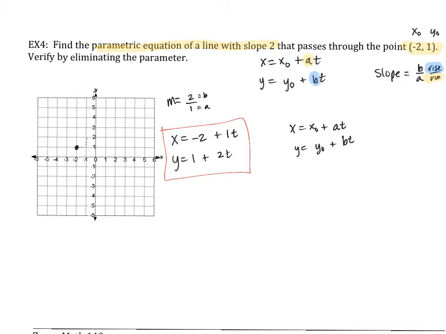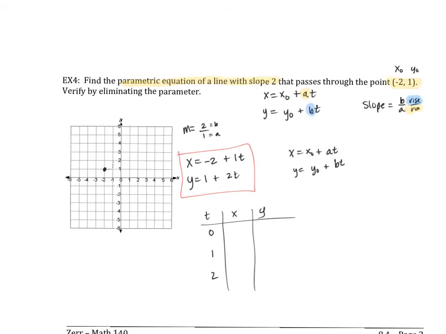And now we can play around with seeing what happens. So let's go from t equals 0 to 1 to 2. We could plug in more t values. We could be at -1 if we wanted. We can start wherever we want on t. But let's see. We've got x is -2 plus 1 times t, which is 0 in this case.